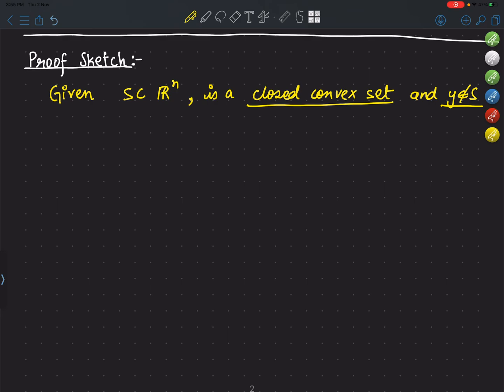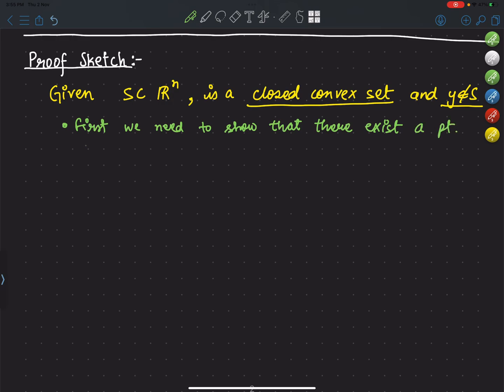Okay, so first what do we need to show? First we need to show that there exists a point x0 in S which is closest to y.